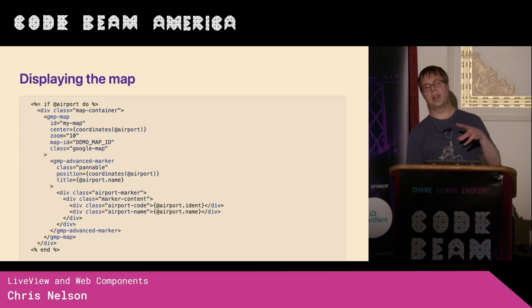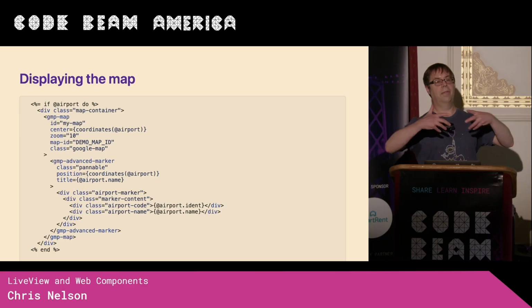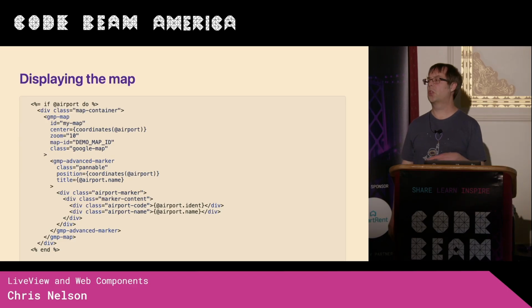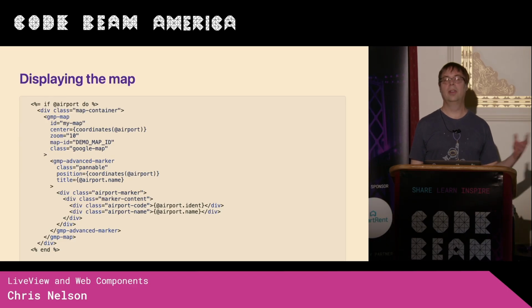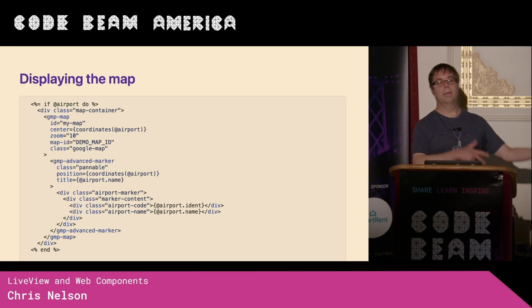So if you haven't done much with custom elements, they can have nested content within them, and it's up to the element how the inner content is handled. And there's a whole thing called slots, which takes care of that process. And of course, you're familiar with the idea of slots from LiveView, but it originally comes from custom elements first.